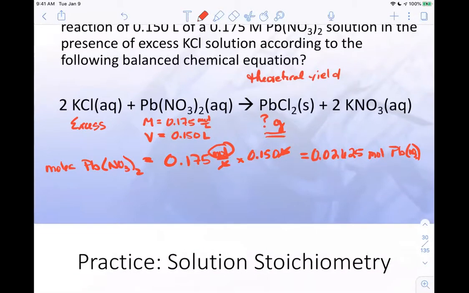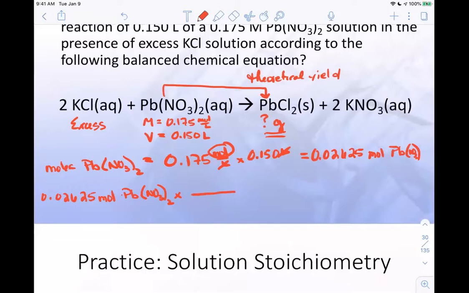So all I have to do now is convert the moles of lead 2 nitrate into lead 2 chloride and then use the molar mass to get the grams. So this is just like we did any other stoichiometry problem. So I have 0.02625 moles of lead nitrate.